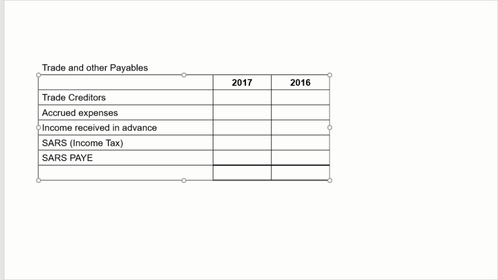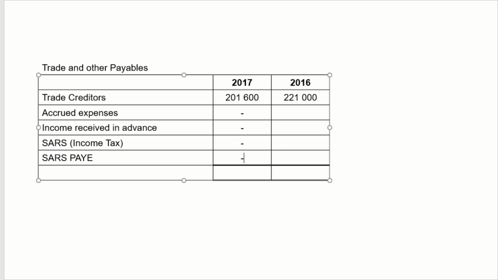On trade creditors, we have 201,600 in 2017, and we have 221,000 in 2016, and that's all that we have on our table. So on everything else, we're just going to put a dash like that.